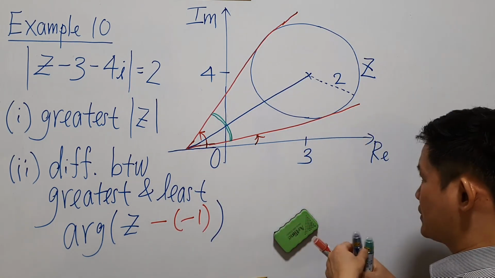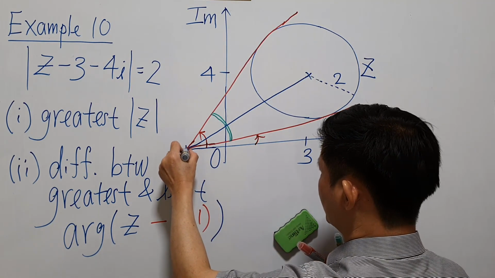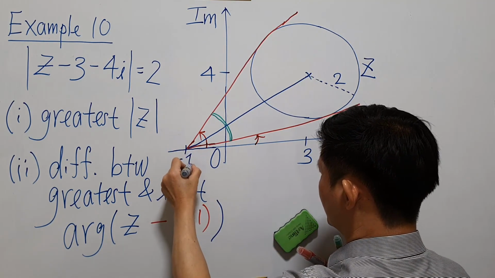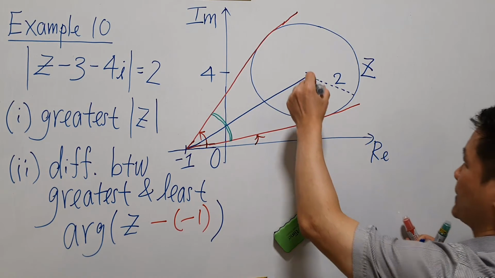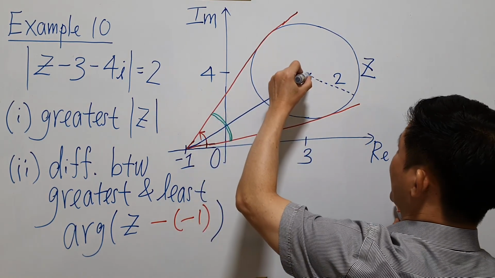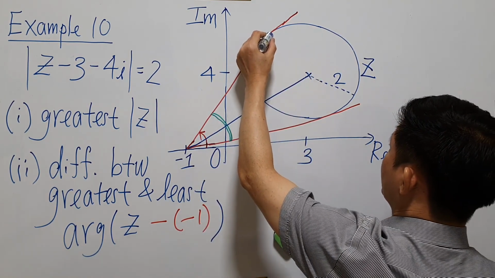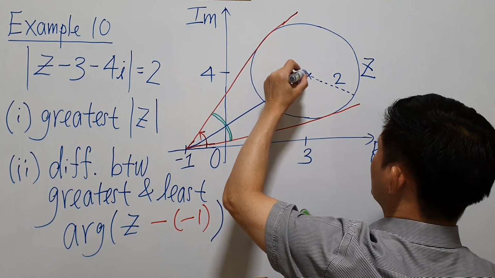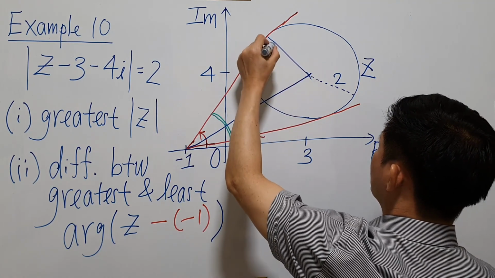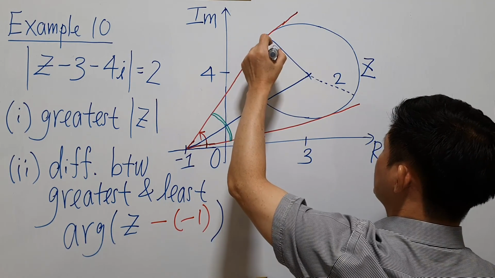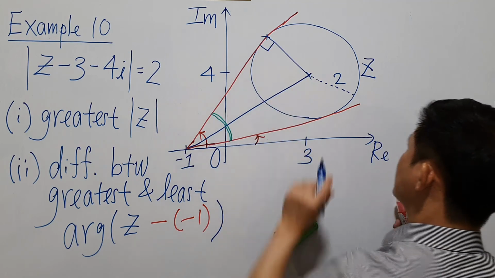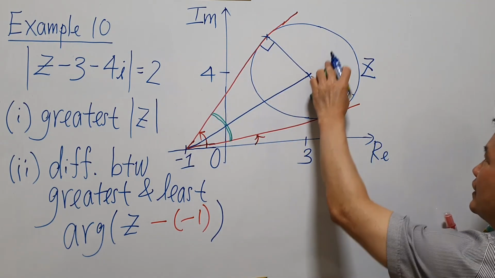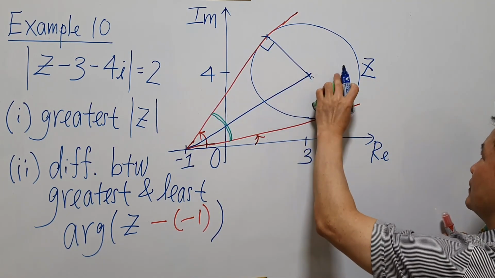Right, so there's a point -1. Our strategy is to first join from the center to the point -1, and then realize that if I draw this over here to where it meets the circle, this is 90 degrees. Let me erase all this because it may cause distraction.